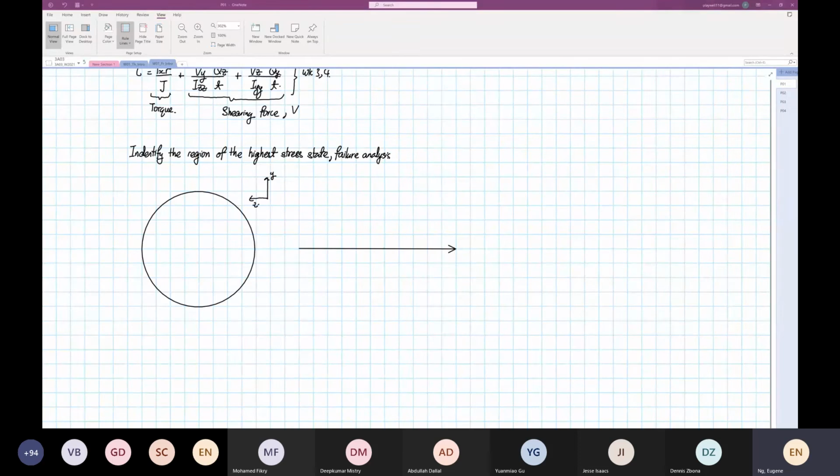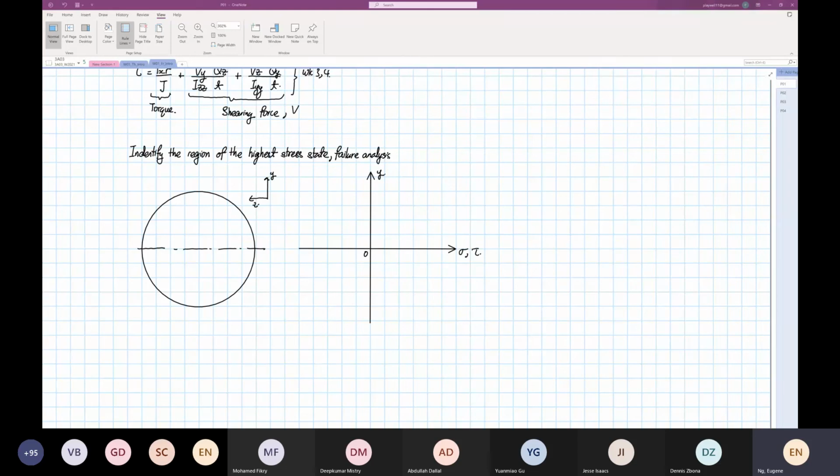This is our x-axis, which can be normal stress or shear stress, and then we have our y-axis. This is our y position, and this is our 0. At this line where it's 0, we are at our centroid.